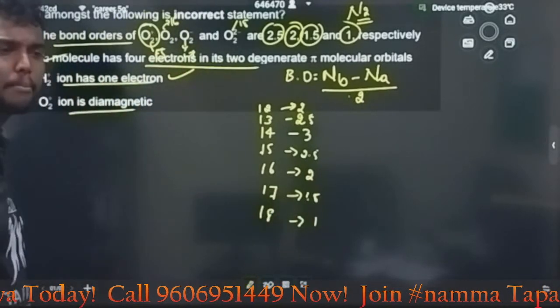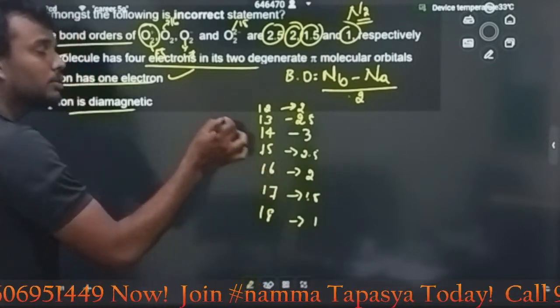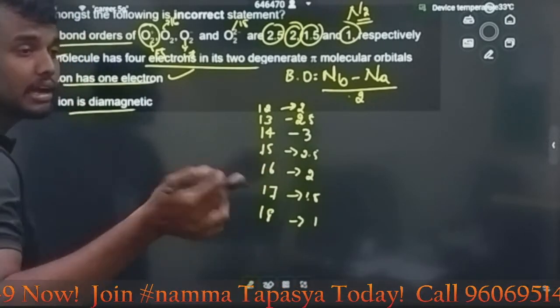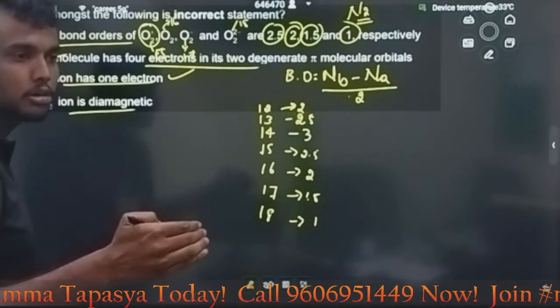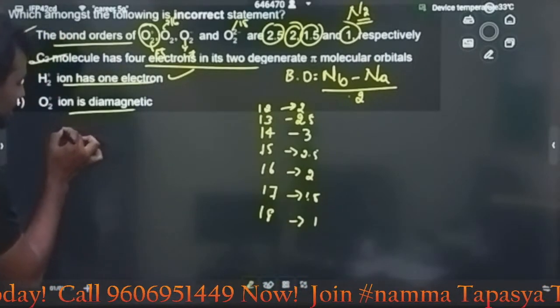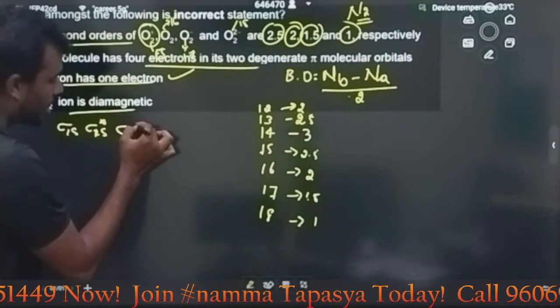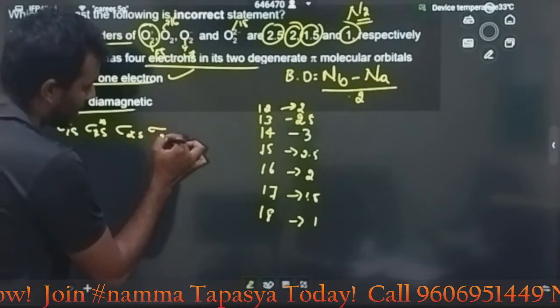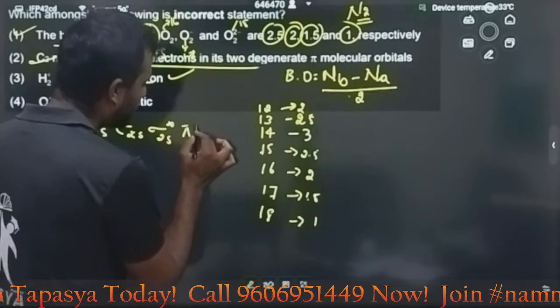O2 plus ion is diamagnetic. Actually, we already know the electron configuration, how we fill according to MOT. We already know, right? Two methods. If the electrons are more than 14, it is sigma 1s, sigma 1s star, sigma 2s, sigma 2s star. Then what will we get?